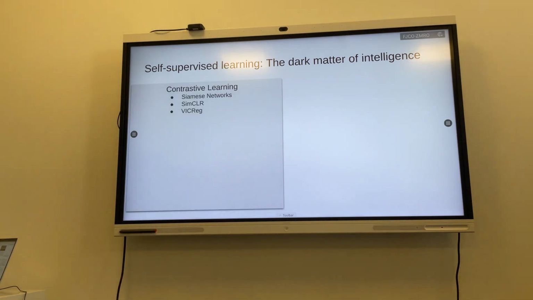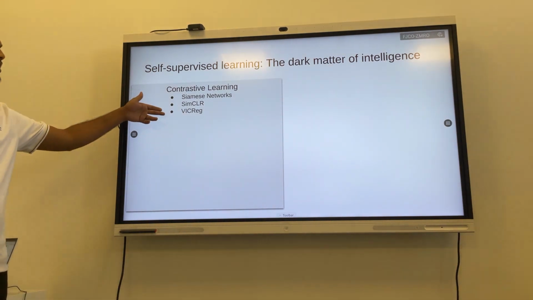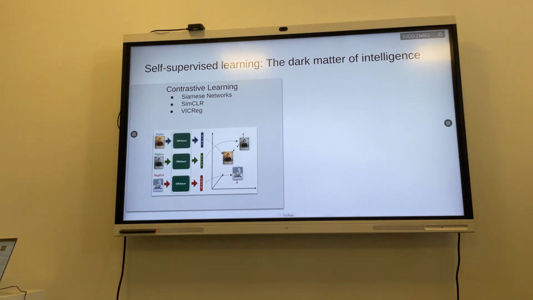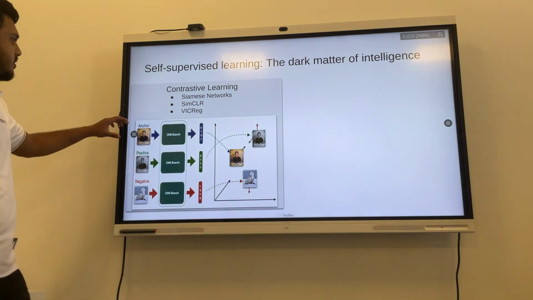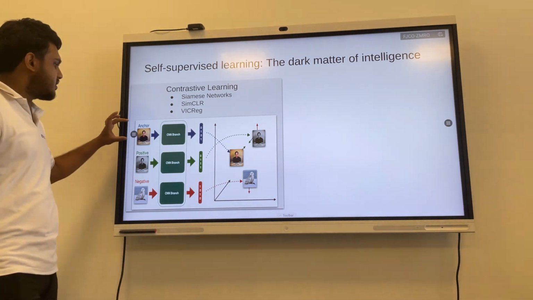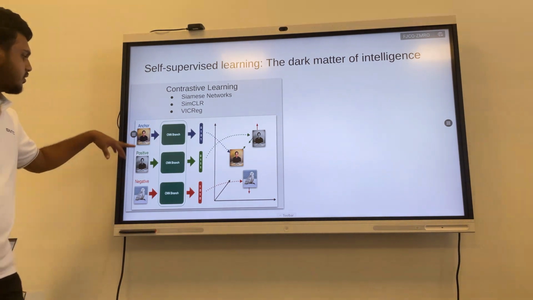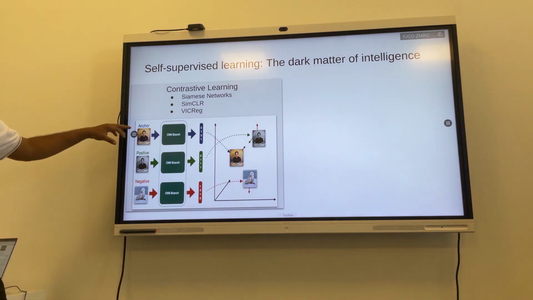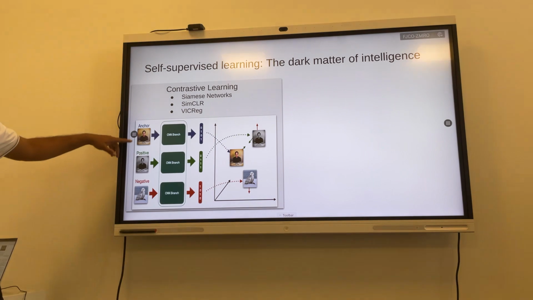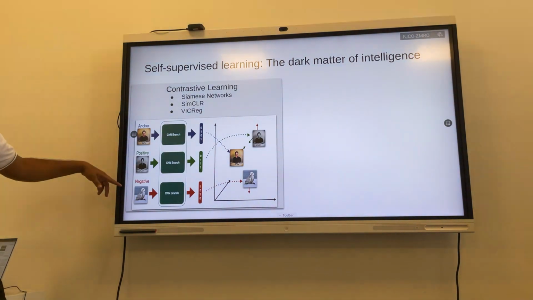When it comes to self-supervised learning, there are two main branches. One is contrastive learning, and we saw a couple of papers under this branch, SimCLR and VICReg. The main idea is that we have, let's say, an anchor image, and we create a positive and a negative pair from a single anchor image. To create the positive pair we can do a label preserving transformation, and to get the negative one we can do a non-label preserving transformation, or it can be any other image in the batch.